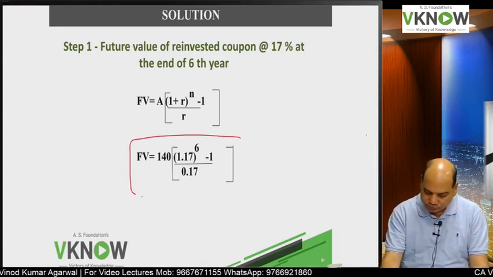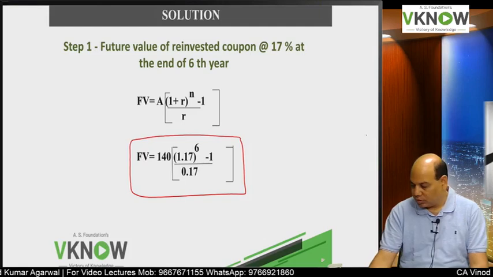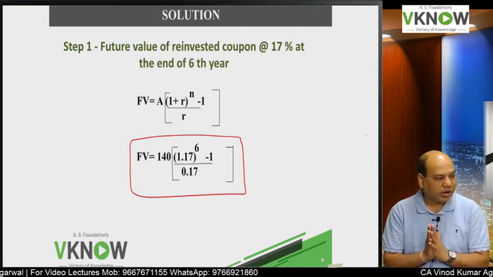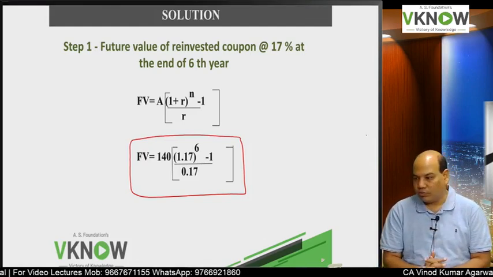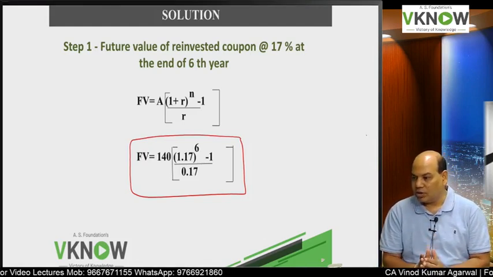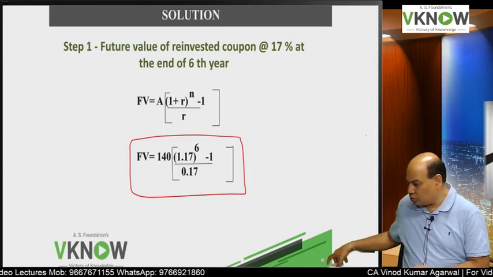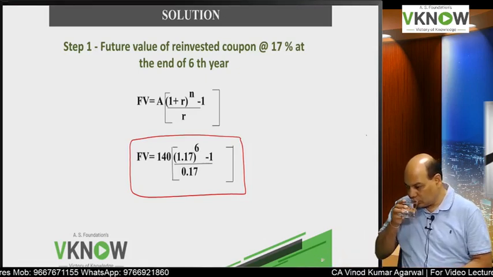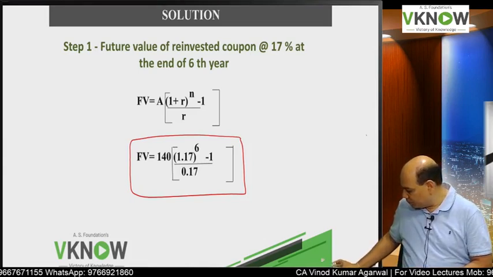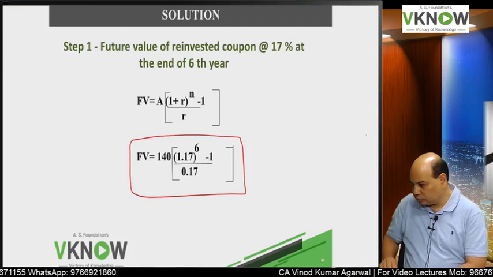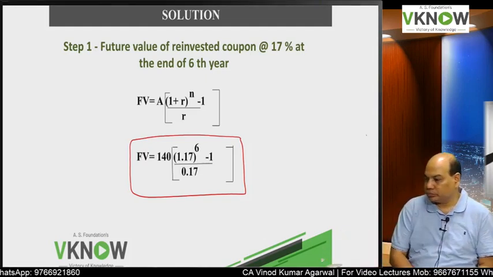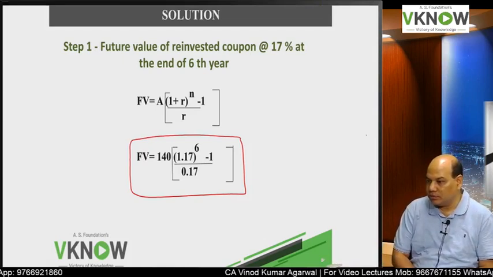Please solve this one. Give me the answer. Everybody please try. We are calculating realized yield to maturity, on which we had got a question in the exam also. That question also we will take after some time. What is the answer? Anybody?